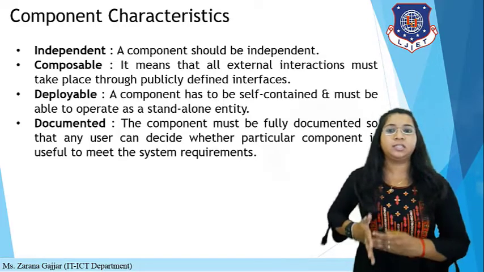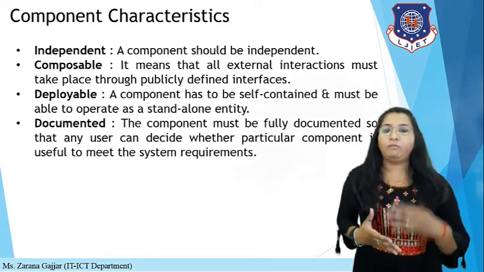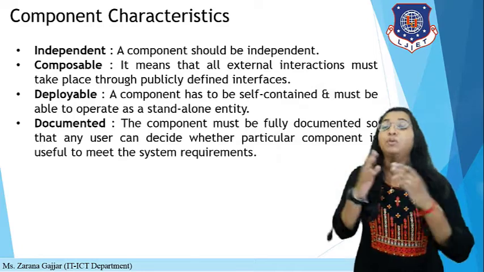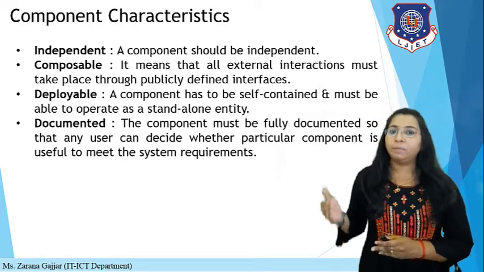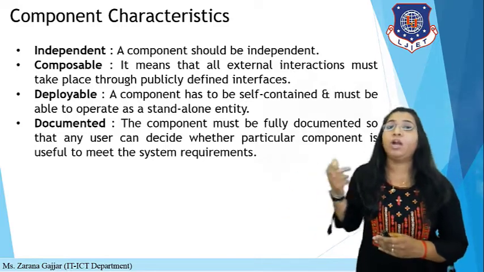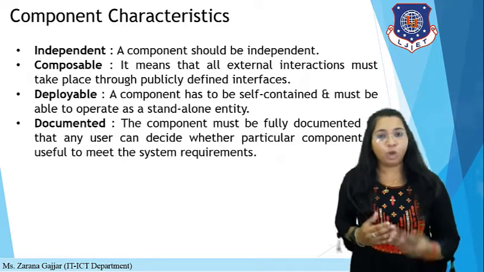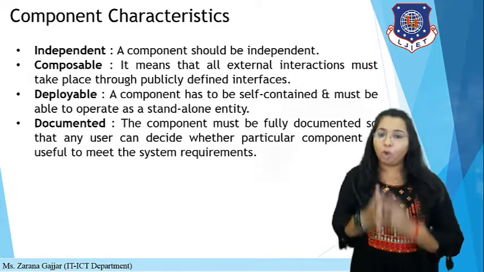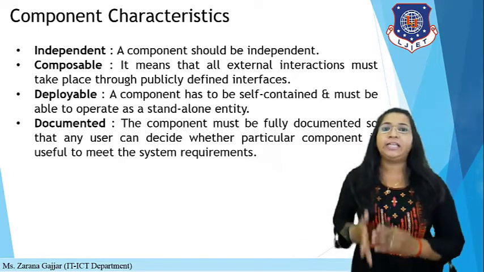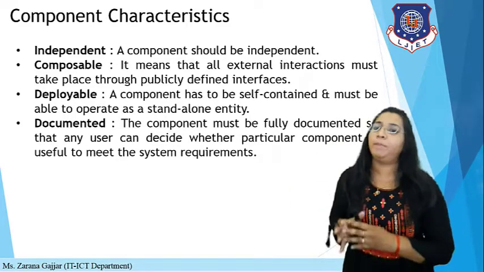And the last characteristic is documented. If you are developing any component, you have to write documentation for that component, describing its purpose. The component must be fully documented so that any user can decide whether it is useful to meet the system requirements. Based on the documentation, a developer can decide whether that component is useful for the given system requirement or not.